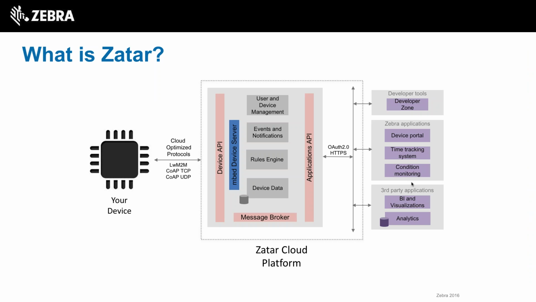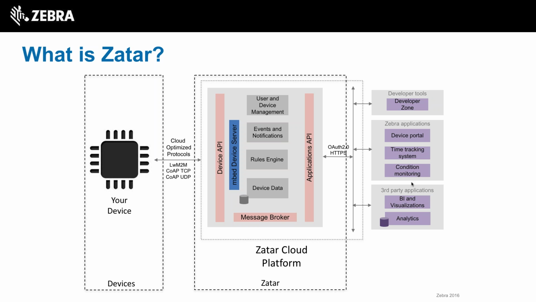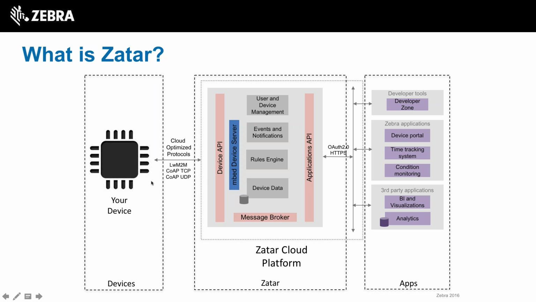So here's your obligatory architecture diagram for Zatar. The basic message here is it allows you to connect your devices to the platform and then provide that capability through a REST API to applications. Over on the left-hand side where your device is, you know about your device, and you know about the code on your device because you've written it, right?